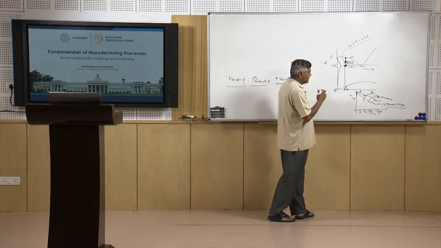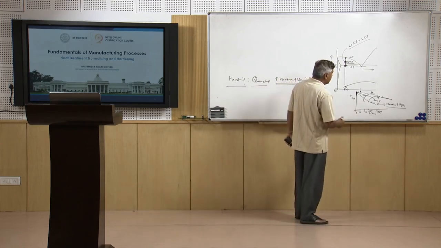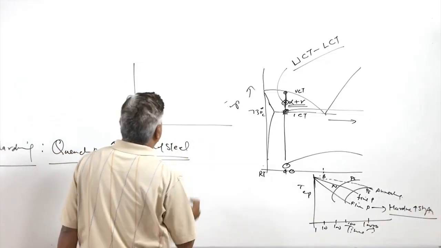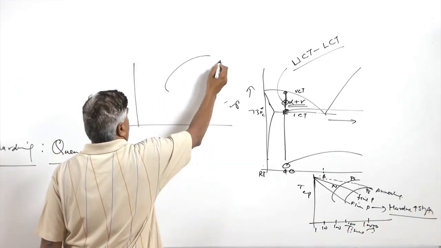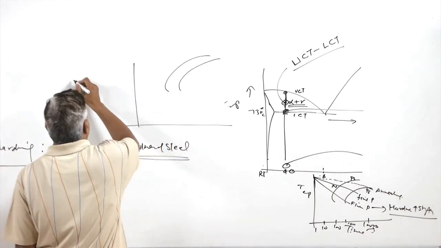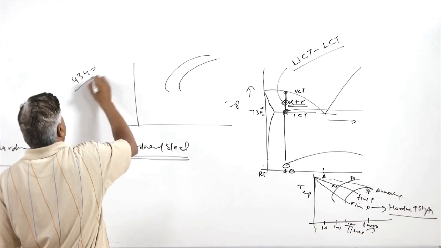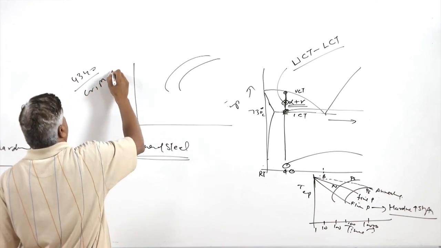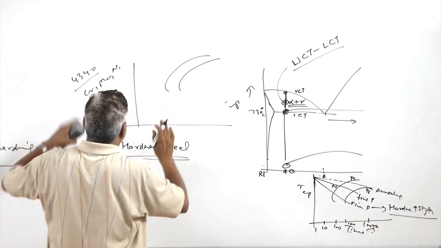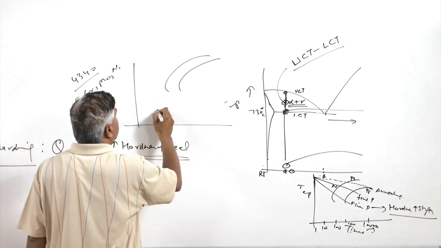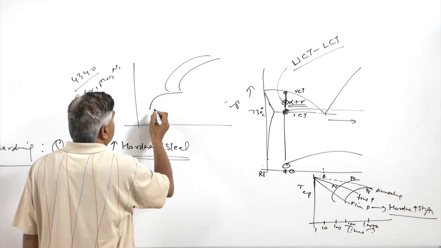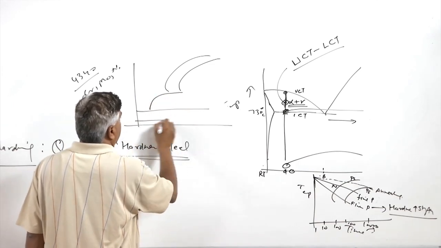For hardening purpose, the cooling rates are achieved in such a way that they are either equal to or more than the critical cooling rate required to avoid the formation of the soft phases. Say the CCT diagram for a particular steel is of this kind. A typical example is 4340 steel having chromium, molybdenum, nickel and carbon. In the presence of such alloying elements, we may find a different kind of CCT diagram, which may be like this.